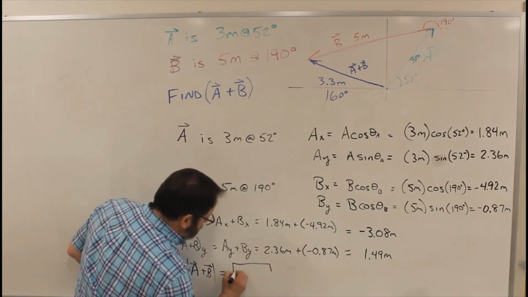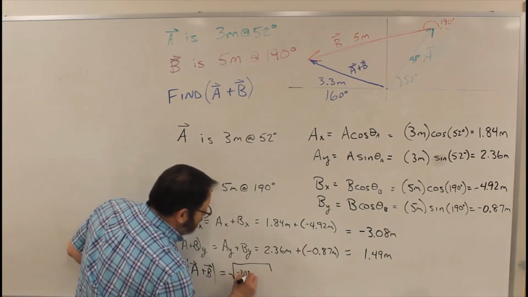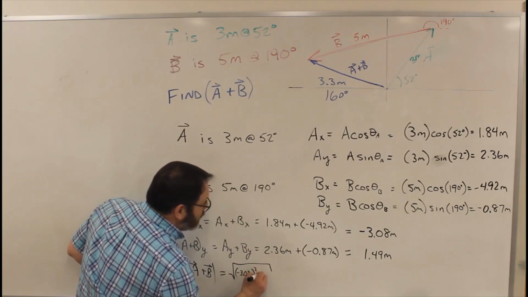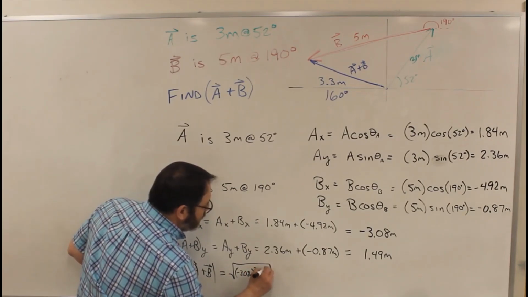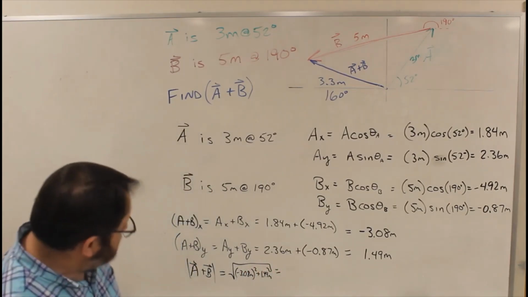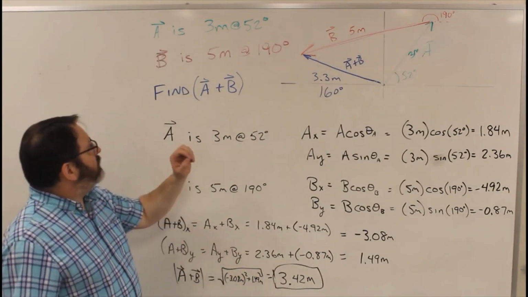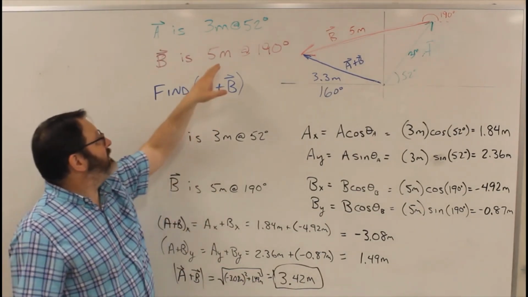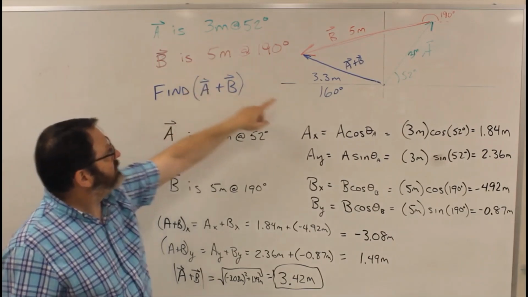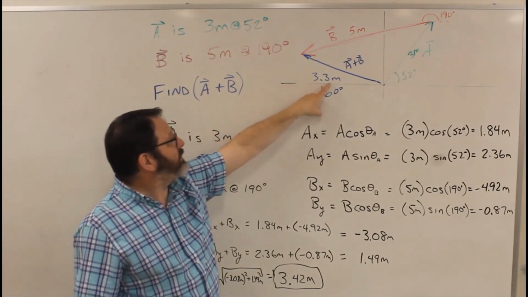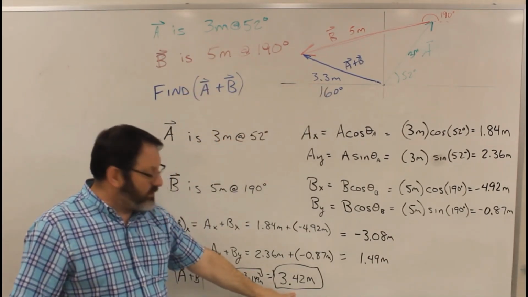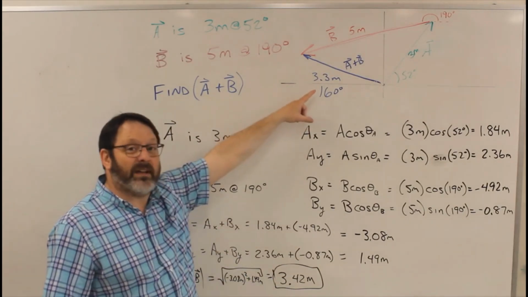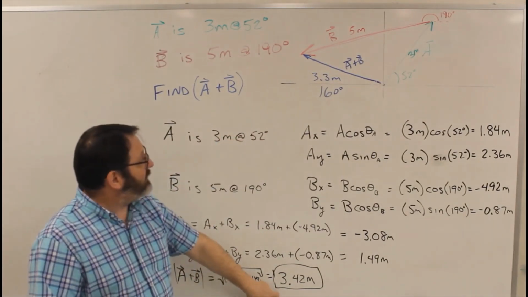So square root of negative 3.08 meters squared plus 1.49 meters squared, which is 3.42 meters. We still need to find the direction. So we've got the length. Notice our graphic method, we got 3.3 meters. The actual number is 3.42. So we didn't do too badly there, but this is more exact.